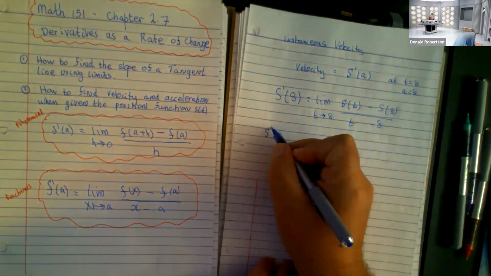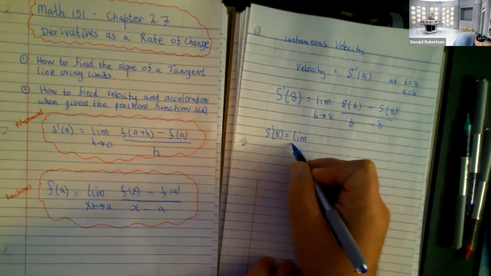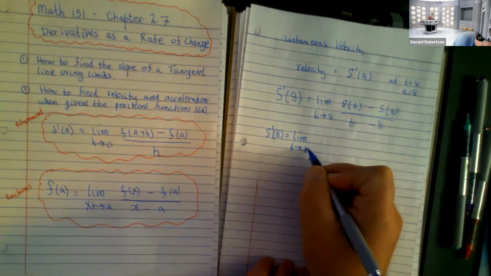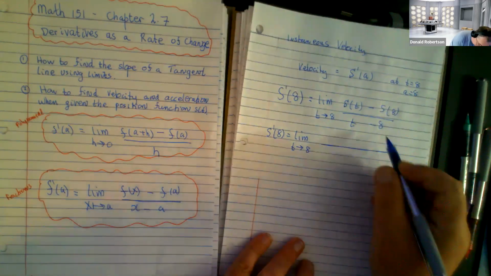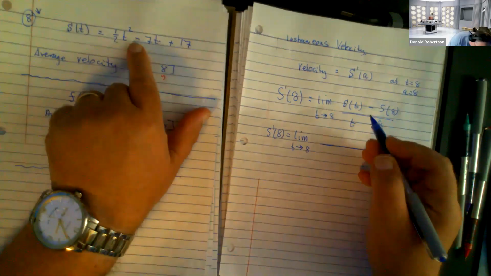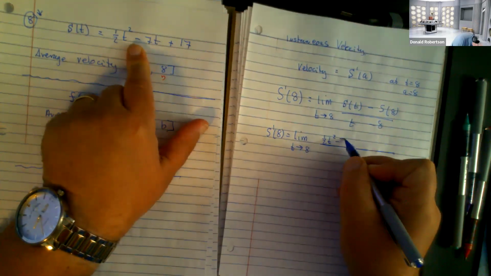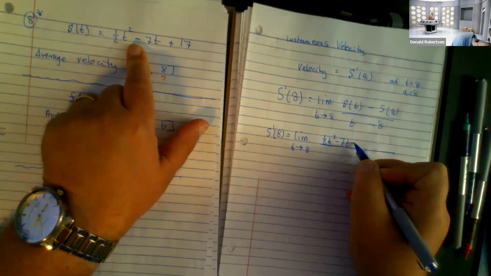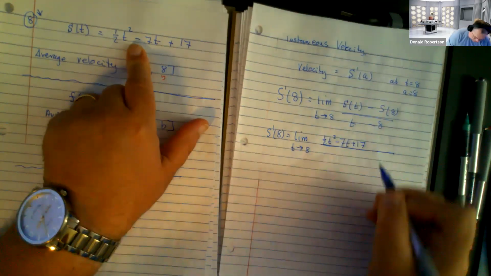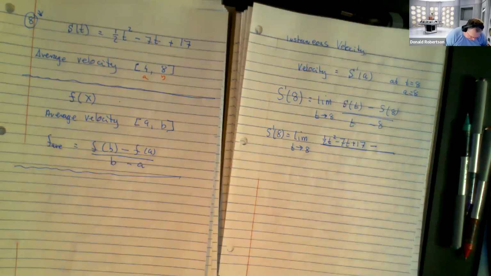So let's see what the next line looks like. It's going to be the limit as t tends to 8. S of t, whoops, let's get our question back, is this guy. So it's 1/2 t squared, take away 7t plus 17, take away s of 8.